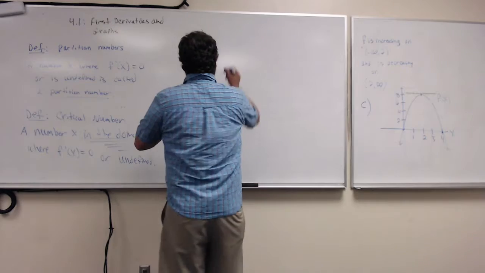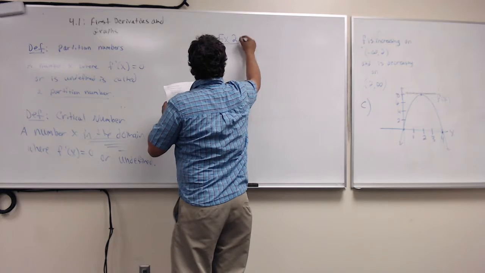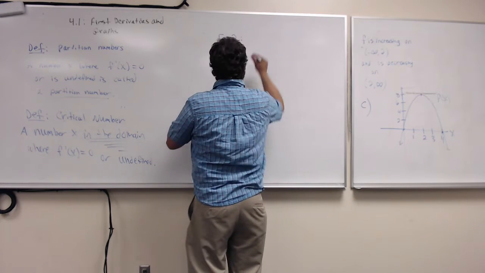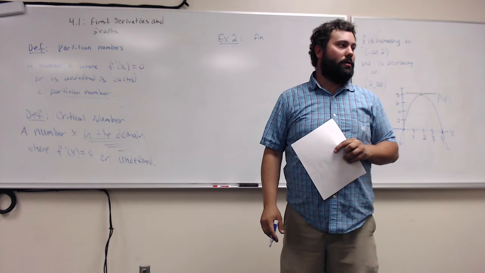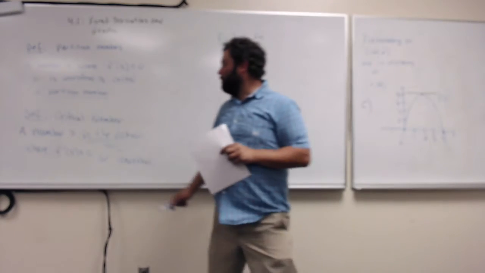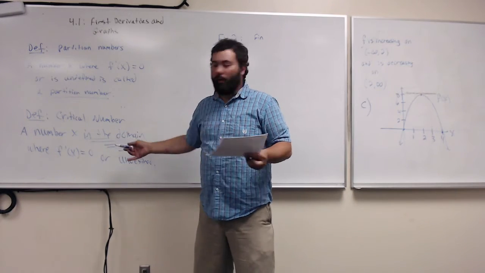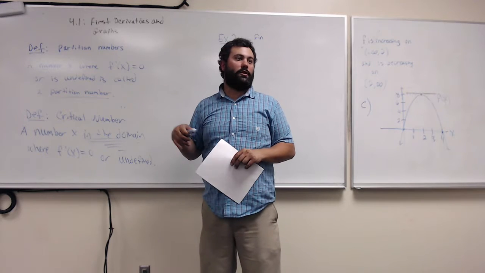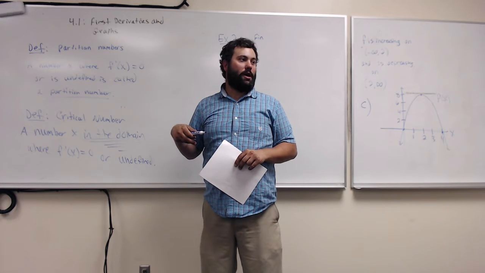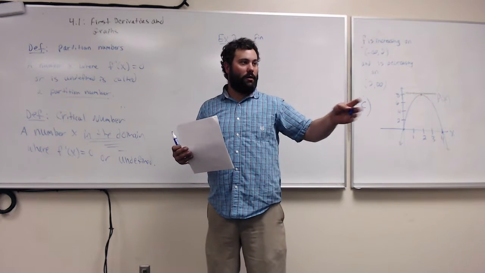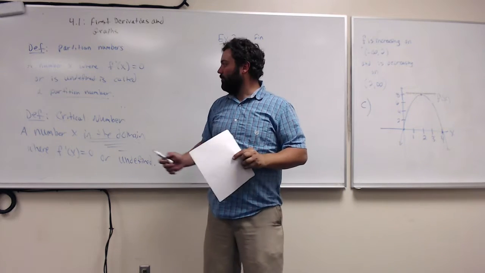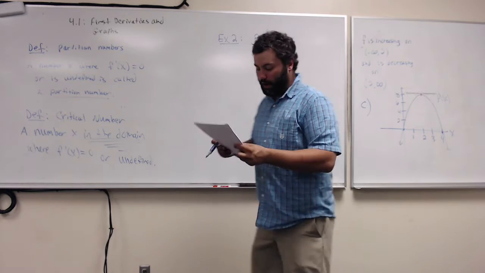So, example 2, we're just going to find critical numbers. Sometimes the critical numbers and the partition numbers are the same, because if your domain is all real numbers, then partition numbers are no different than critical numbers. But sometimes you have a partition number that's on the edge of the domain. It's not really in the domain, but it's a place where the derivative is 0 or undefined.